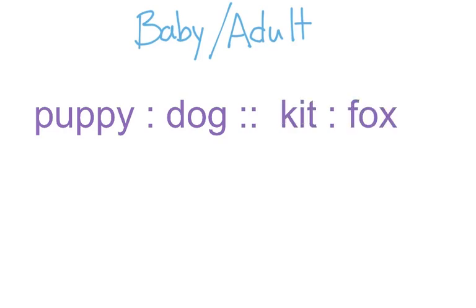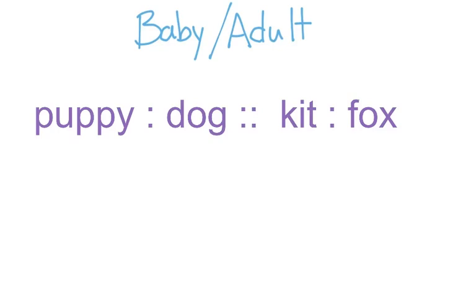My second pair is kit is to fox. So if I didn't know what a kit was, I could use my context clues to figure out that it is a baby fox, because a puppy is a baby dog, and since these are analogies and we're comparing the relationships, this relationship has to be the same.